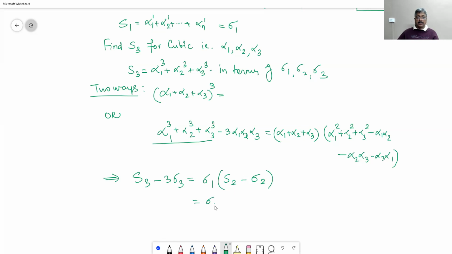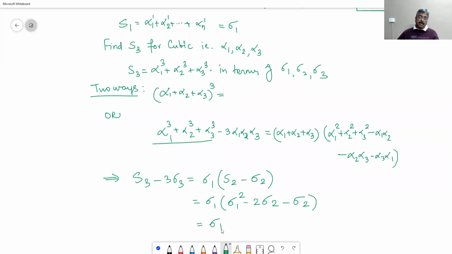Now we can write S2, we already know, sigma 1 square minus 2 sigma 2, minus sigma 2.